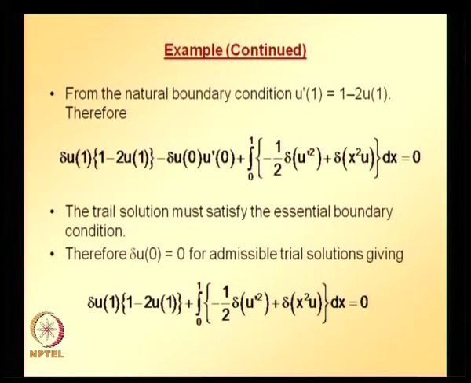So the second term appearing in this equation becomes 0, and you will be left with the first term and the third term, which is what is shown here in this equation. We cannot eliminate any of the other terms, because no more essential boundary conditions are given, but we can use some variational identities to simplify this.